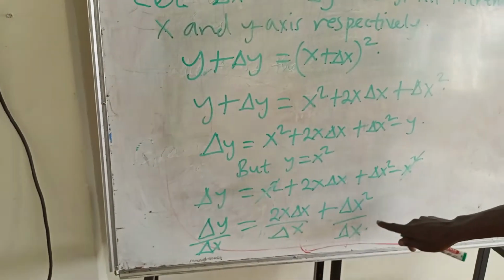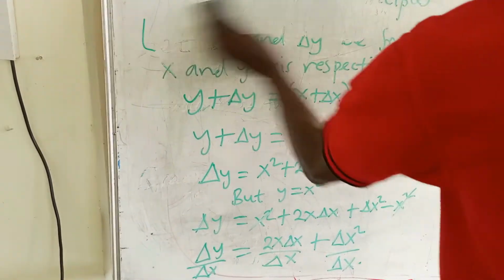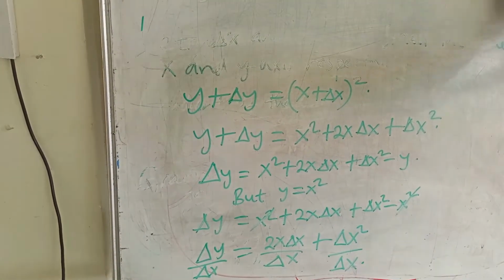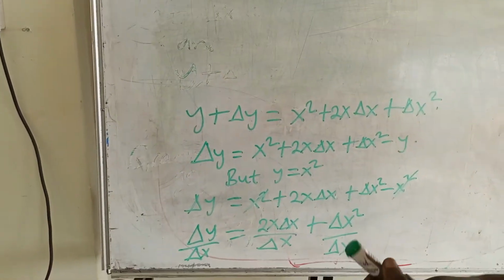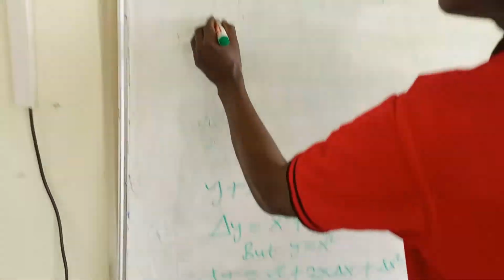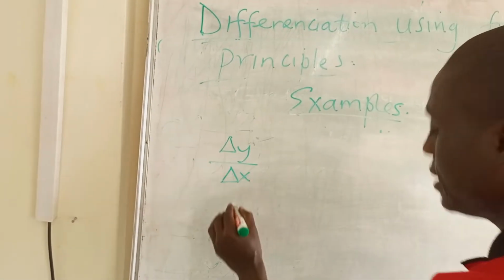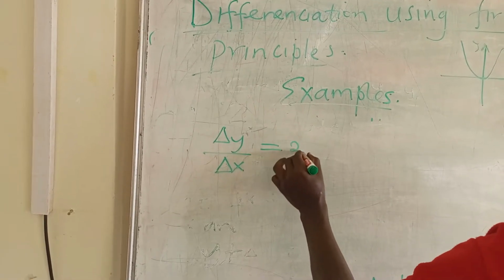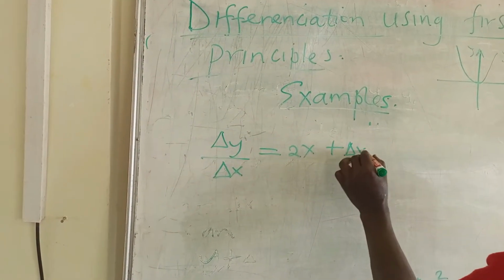So having done this, this x will reduce, you will have the change in y over change in x is equal to 2x, then plus the change in x.